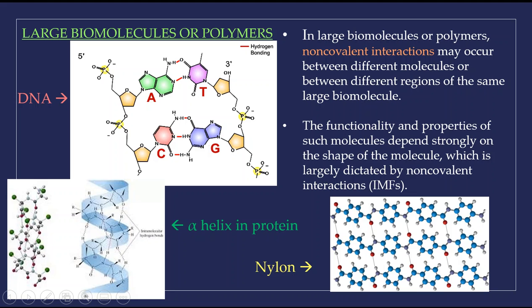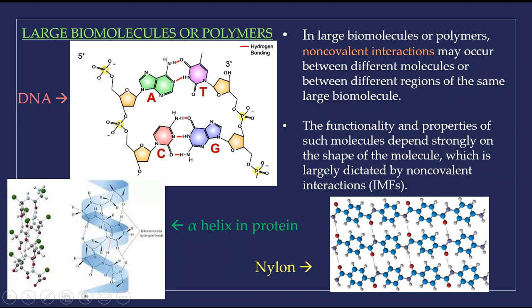The functionality and properties of such molecules depend strongly on the shape, which is largely dictated by non-covalent interactions. And by non-covalent interactions, I'm talking about IMFs. In my examples up here, the main IMF is hydrogen bonding, and I'll go through and talk about them individually.